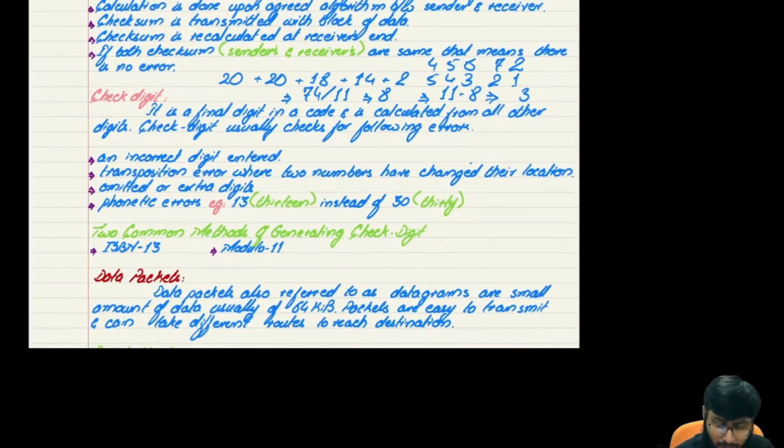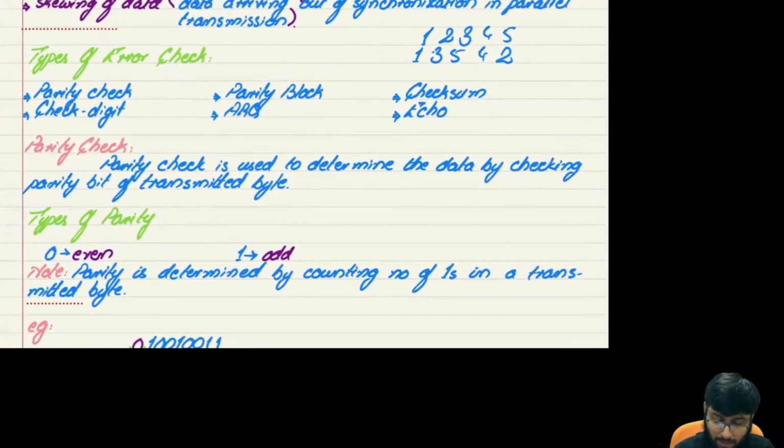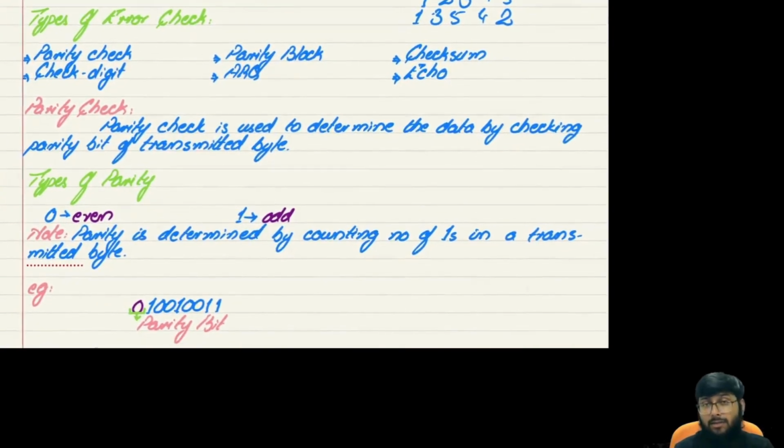Coming towards the parity check and the parity block. Parity check is applied over a byte of data. When we apply it over the byte of data, what are we actually doing? We are checking whether the parity is odd or even. Do remember there are two types of parity, odd parity and even parity.